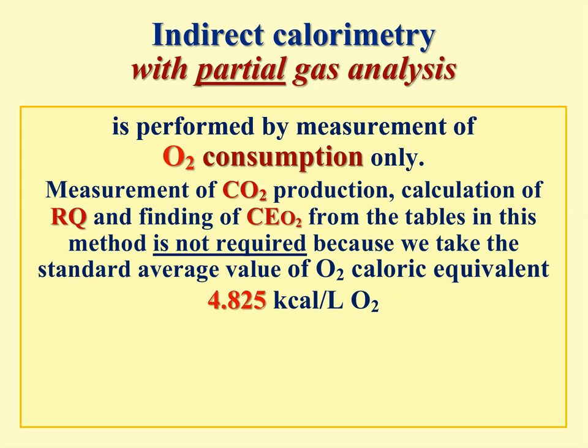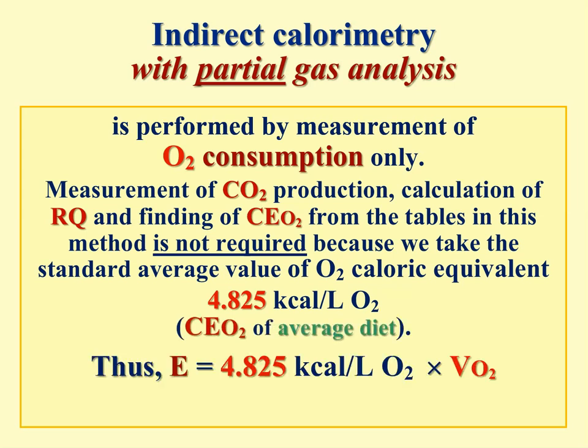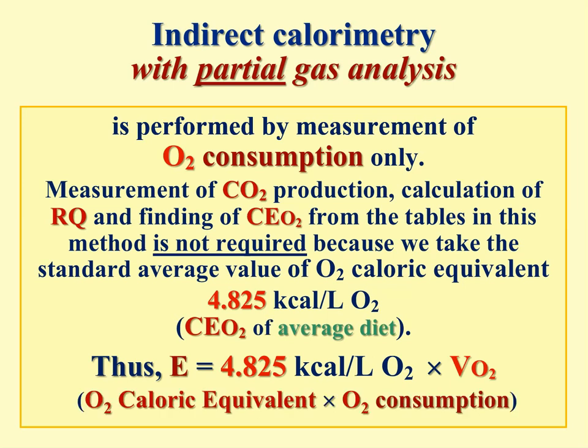Of course, in reality, it can be slightly different, and sometimes even not slightly, but for certain purposes, this great precision is not required, and it's enough to use this simple value. Then we can simply multiply this already known average value by the measured oxygen consumption. And so it's an easier way for measurement. Of course, oxygen consumption still is necessary to measure.